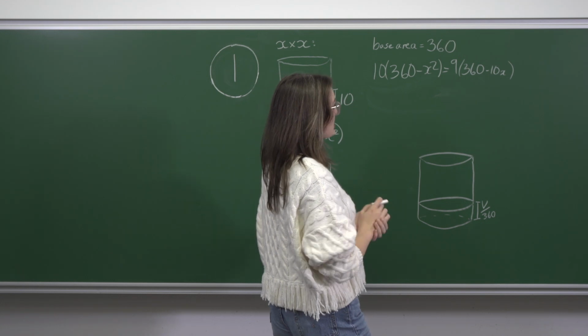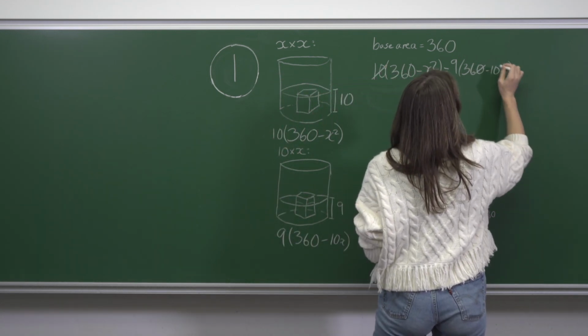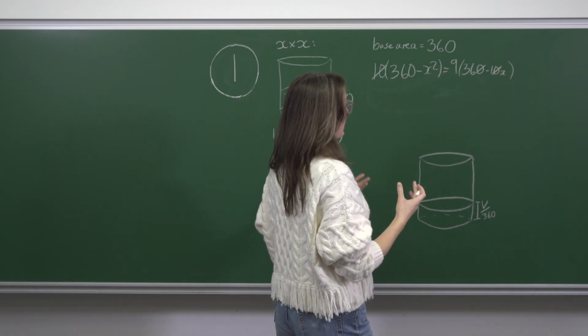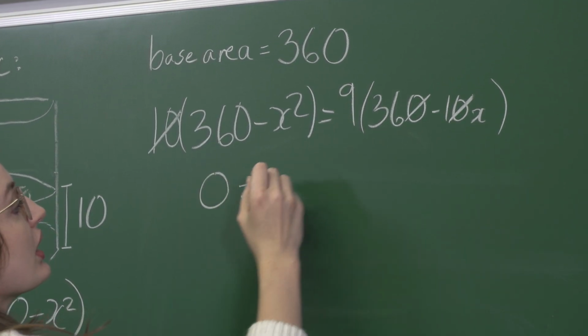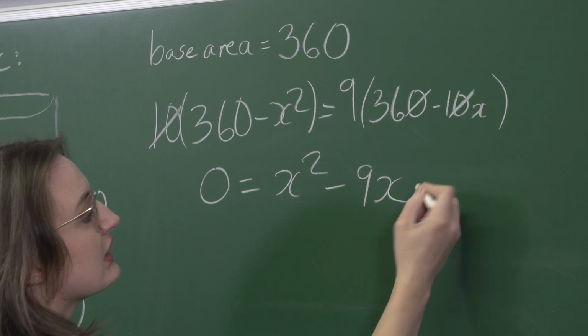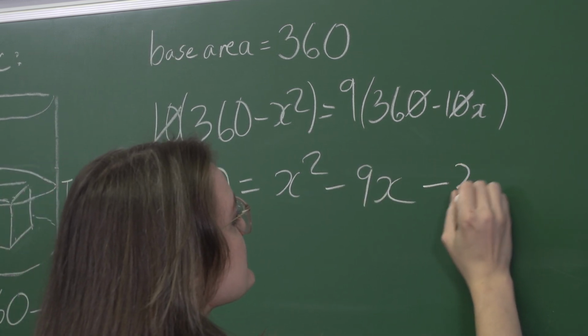Doing some simplification, for instance, dividing through by 10, and expanding our brackets and rearranging, we get 0 is equal to x squared minus 9x minus 36.